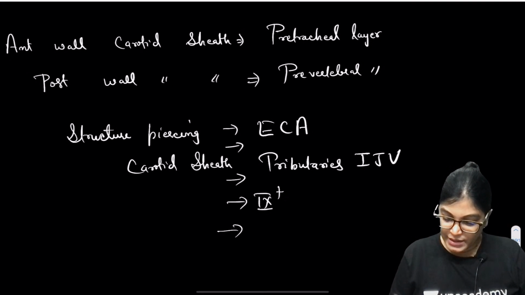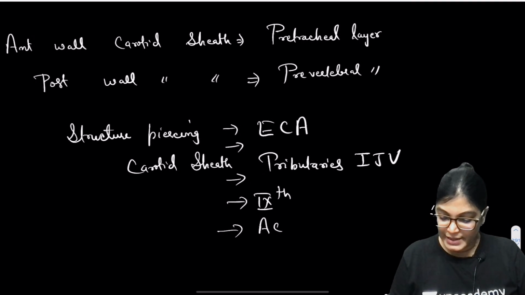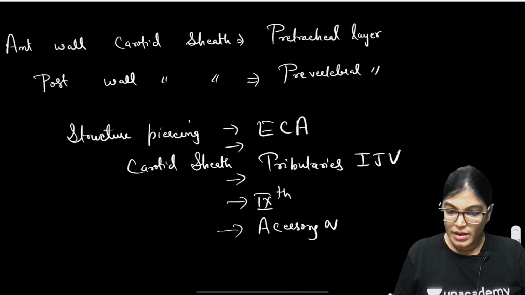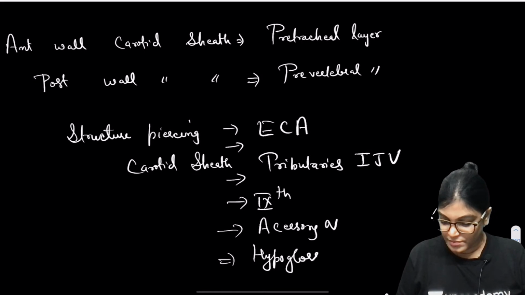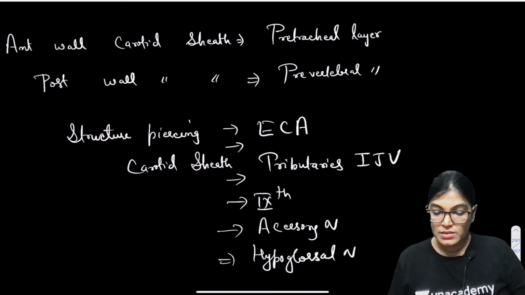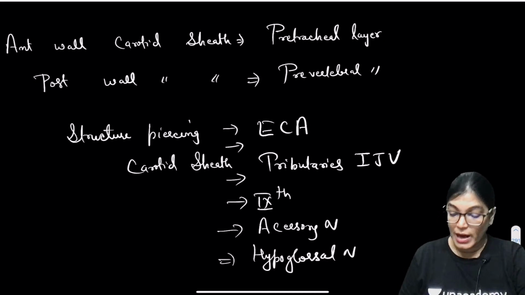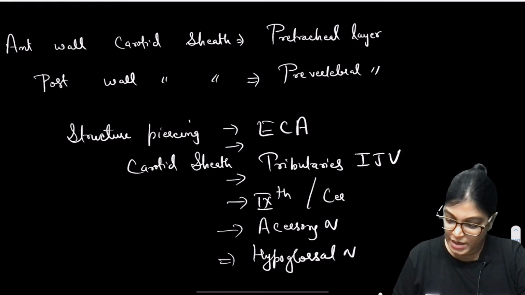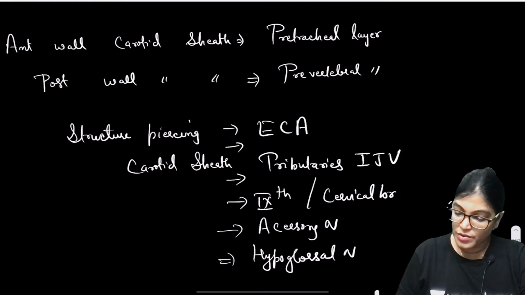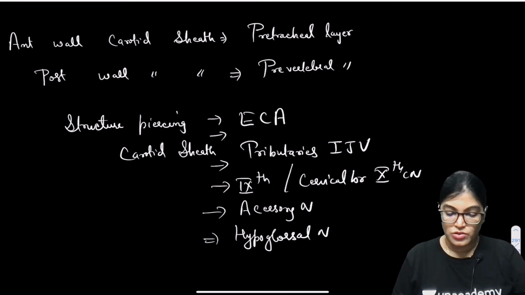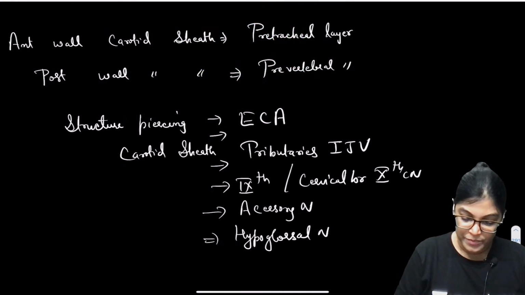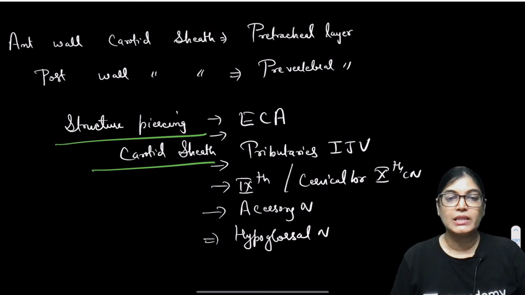Then we have the ninth cranial nerve, the accessory nerve, and the hypoglossal nerve, which are also piercing it, and also the cervical branch of the 10th cranial nerve, the vagus nerve, is piercing it. These all structures are piercing the carotid sheath.